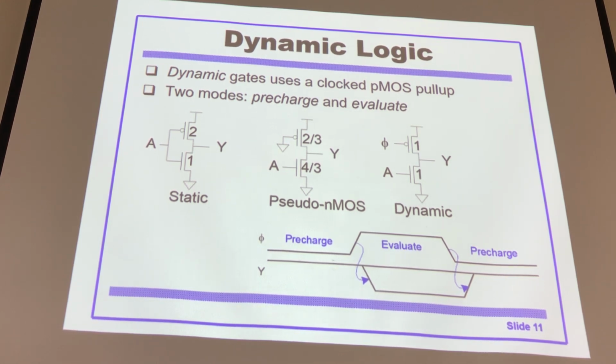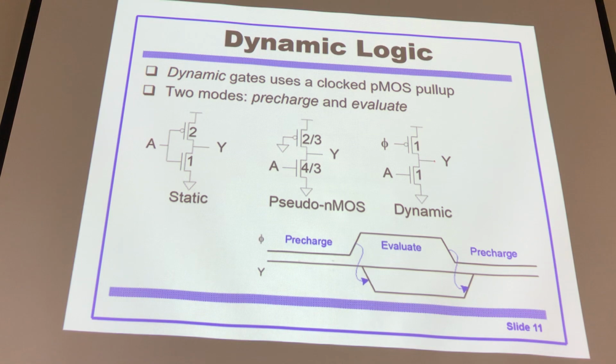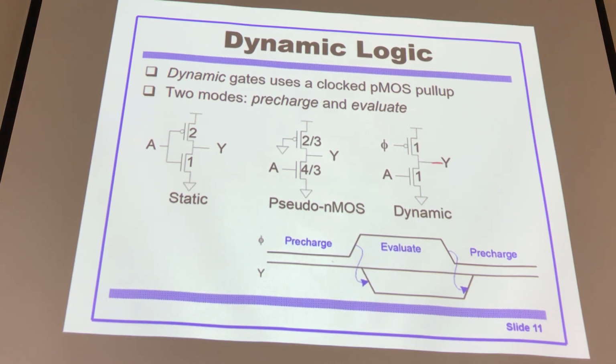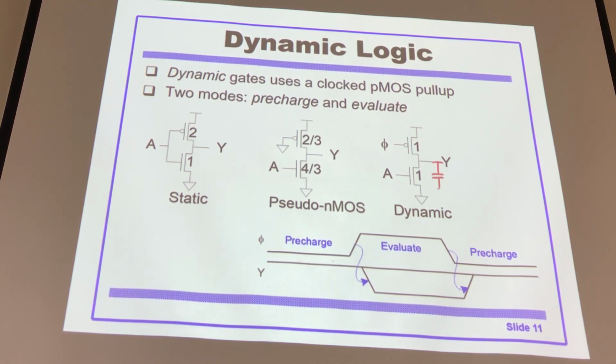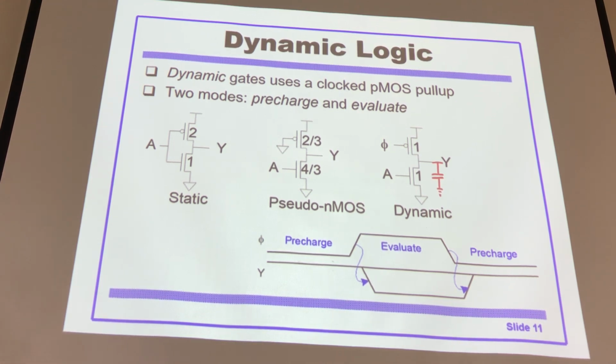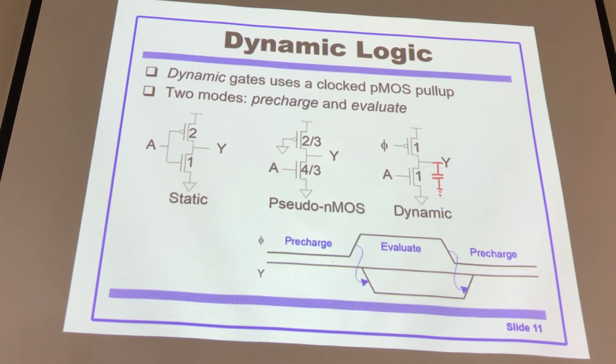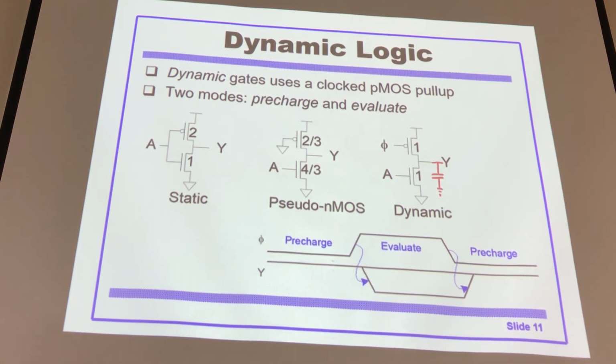And the reason why we call that a dynamic circuit is that we are trying to utilize the parasitic capacitance. Implicitly, there is a capacitor at the output. It's coming from the transistor layout. Not a real capacitor, but your layout actually has capacitance.